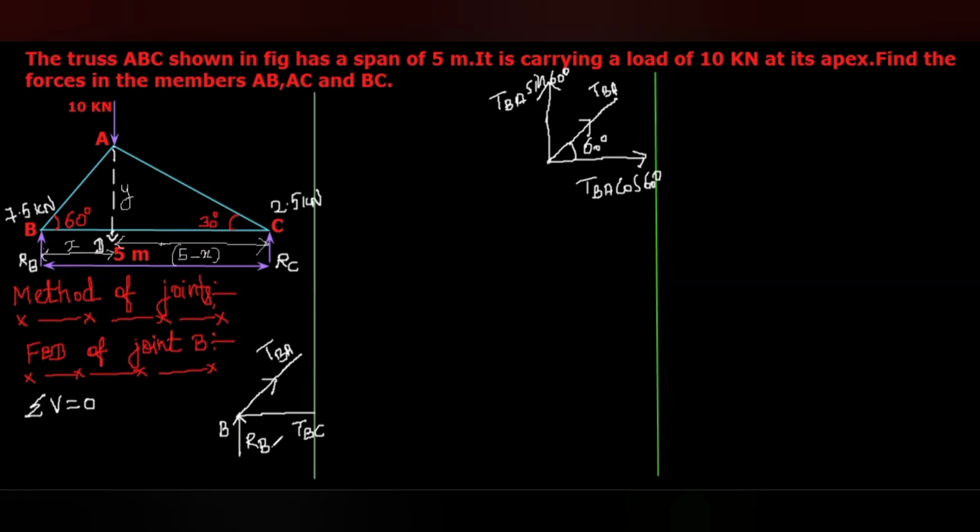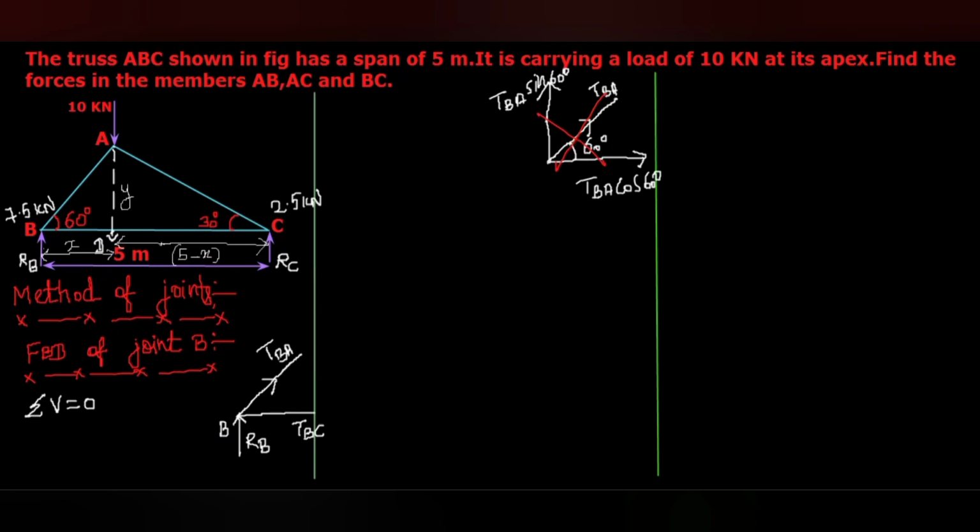Then RB is also upwards. So this TBA sin 60 cannot counterbalance the upward force RB. So this TBA cannot act in this direction. So this we are going to eliminate.